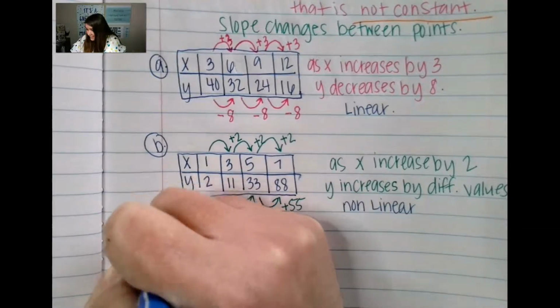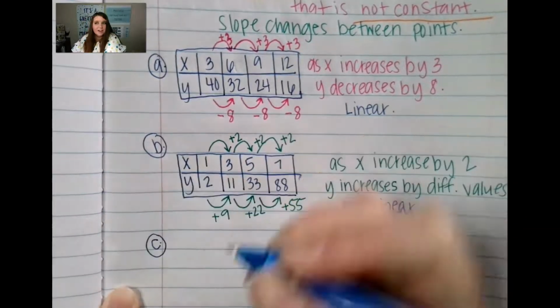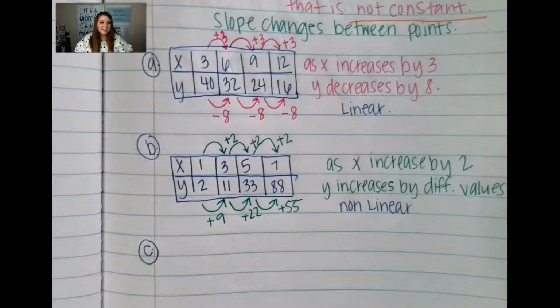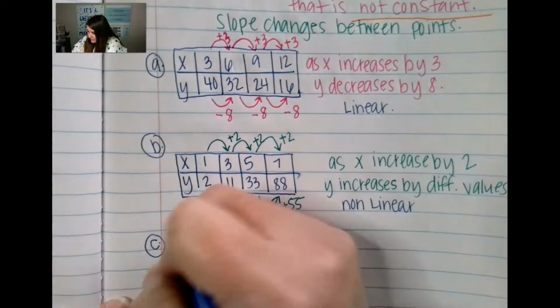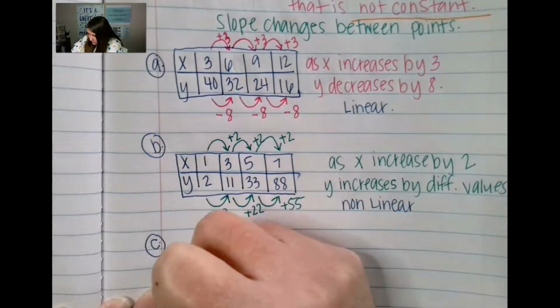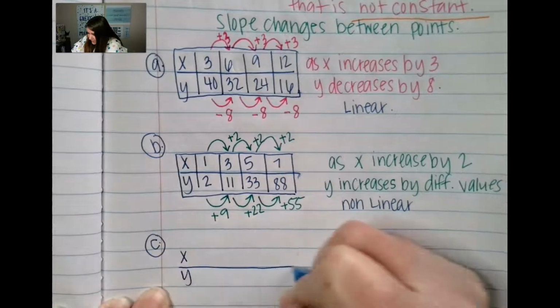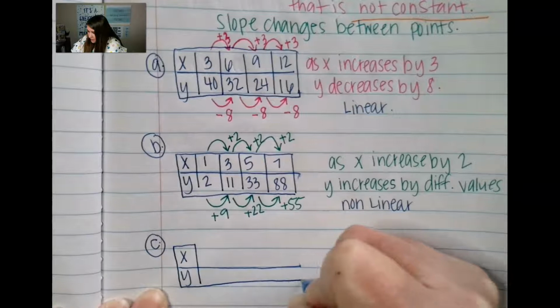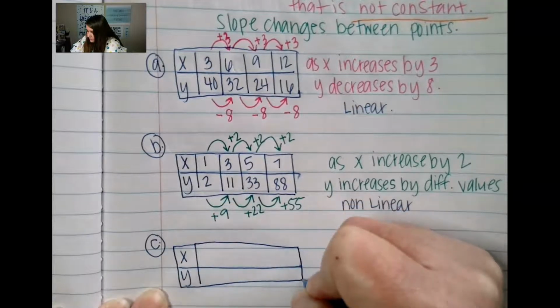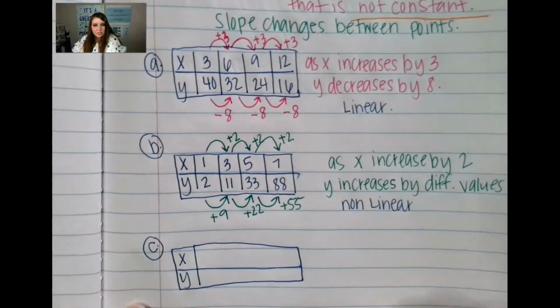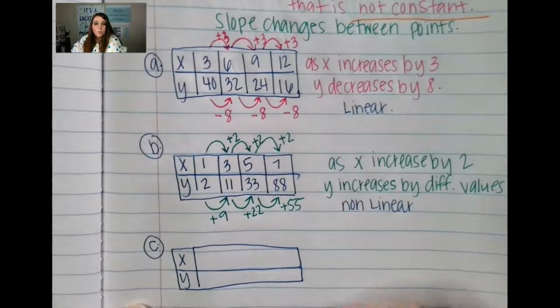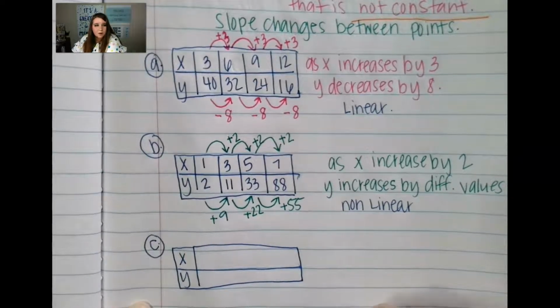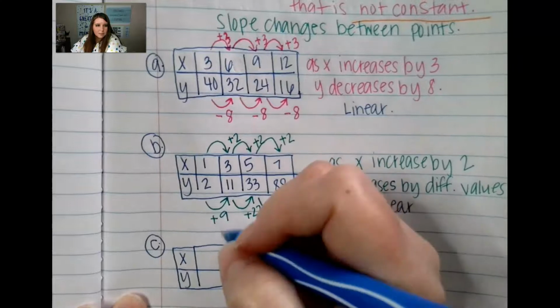All right, let's do another example of rate of change before we get to some try-its here in just a little bit. Okay, so this table I'm going to show you has values of x and y again. And we're going to start paying really close attention to the x and the y, and we'll figure out if it's linear or non-linear based on what we're seeing.